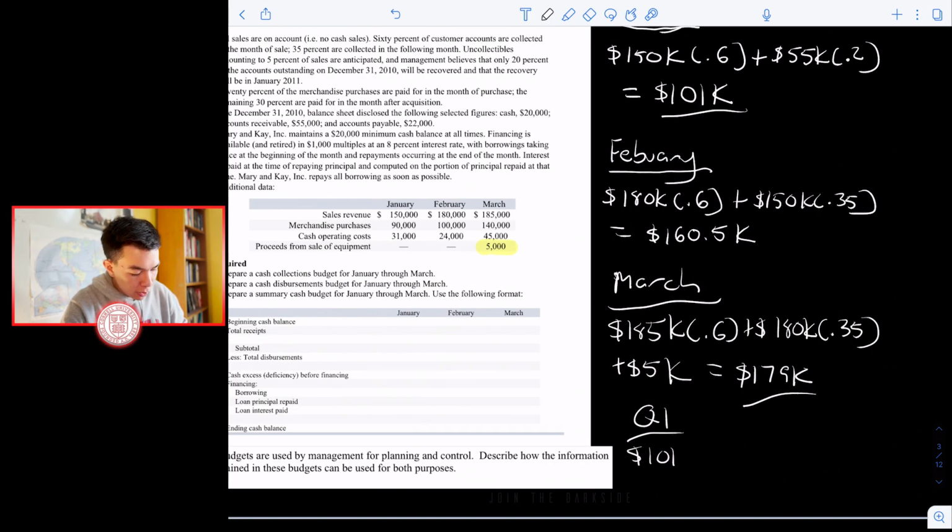So 101 plus 160.5K plus 179K, and we get a grand total of $440.5 thousand.